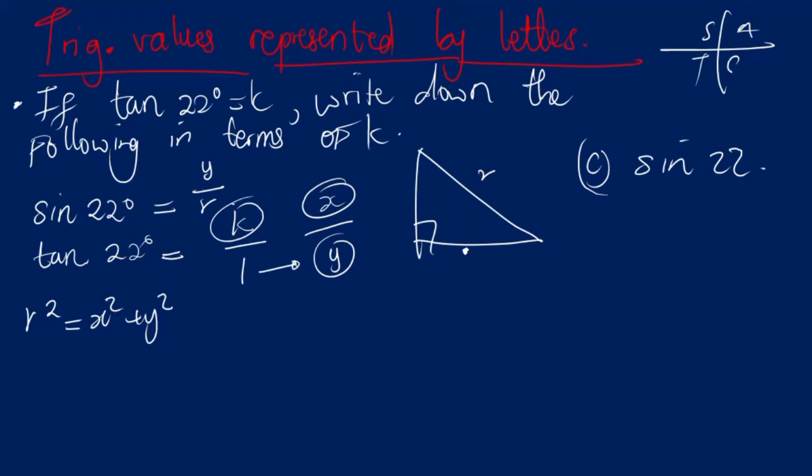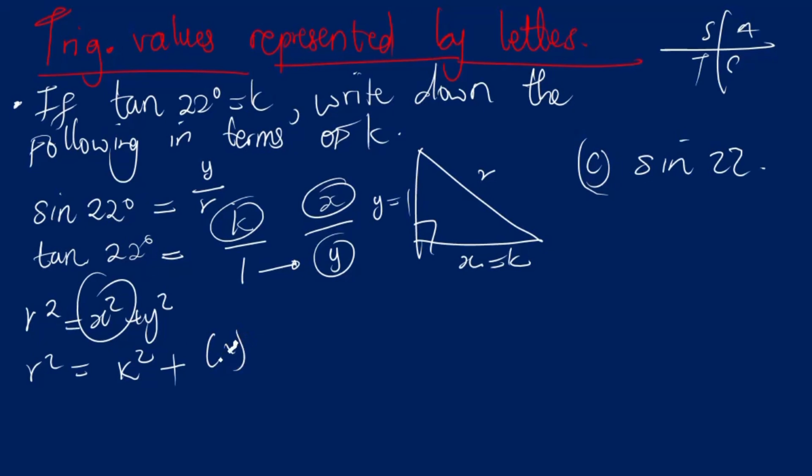We already have an x, which is k, and a y, which is 1. All set? Let's do that. So r squared is equal to k squared plus 1, right?